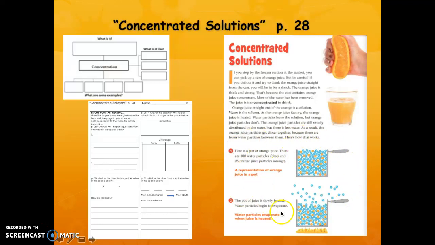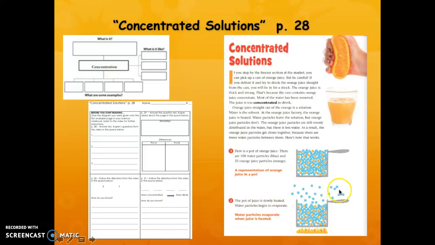You've got a diagram here. So number 1, here's a pot of orange juice, 100 water particles, those are blue, and 25 orange juice particles, those are orange. If you don't believe me, you can count them up. So this represents orange juice in a pot. So as it's heated, the pot of juice is heated and the water particles begin to evaporate.